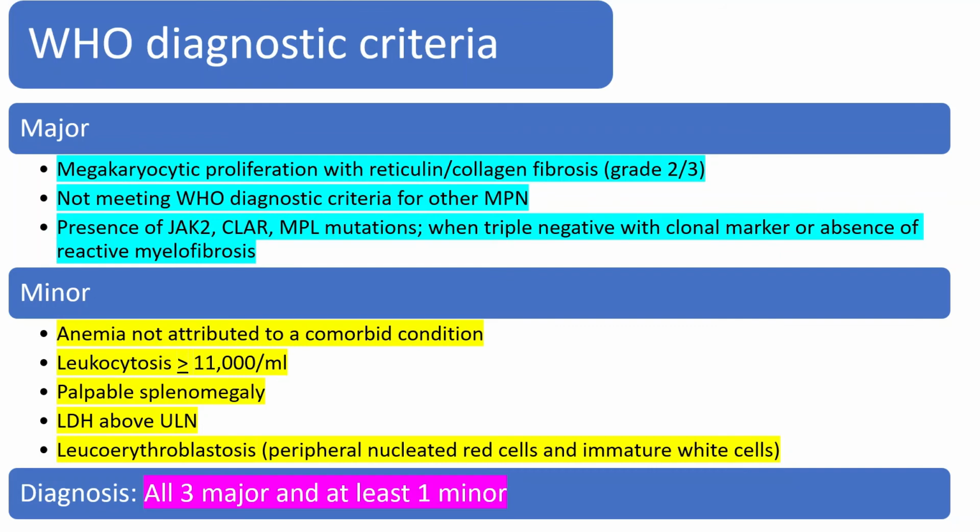The minor criteria include anemia not due to other conditions, leukocytosis above 11,000, palpable splenomegaly, LDH above the upper limit of normal, leukoerythroblastosis, which is peripheral nucleated red blood cells and immature white cells. To diagnose, all three majors and at least one minor should be there.